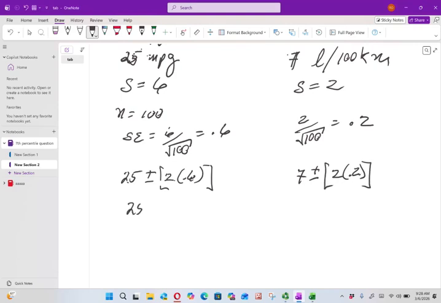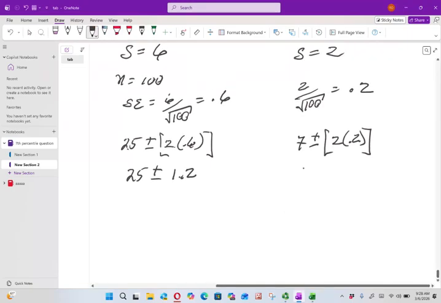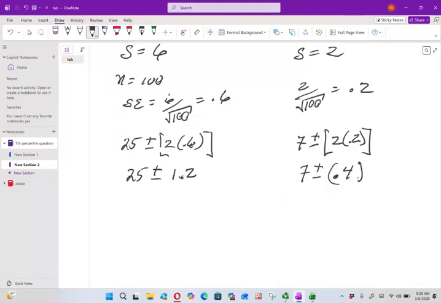So I get 25 plus and minus 1.2. This is 7 plus and minus 0.4. This part is the margin of error.